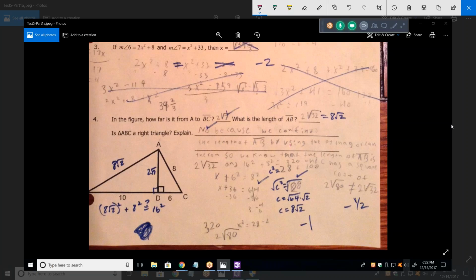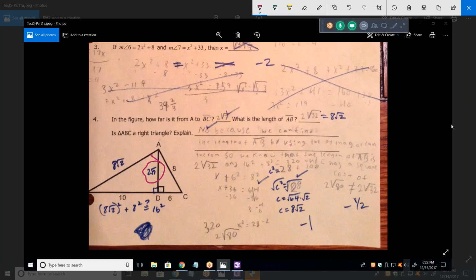Let's see. All of this blue writing is your teacher's writing, right? Okay. How far is it from A to B, C? I assume the B is over here on the left. So that's the distance. In other words, that's what we're looking for.